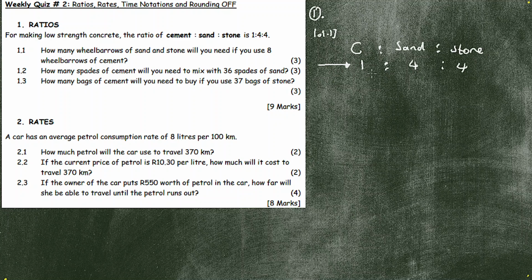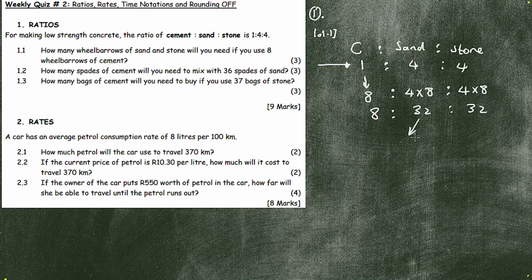Like in this case, we have 8 wheelbarrows of cement. If I have 8 wheelbarrows of cement, how many wheelbarrows of sand and stone do I need? You just take the 8 and multiply it by 4, and take the 8 and multiply it by 4 under the stones as well. So 4 times 8 is 32, and 4 times 8 is another 32.